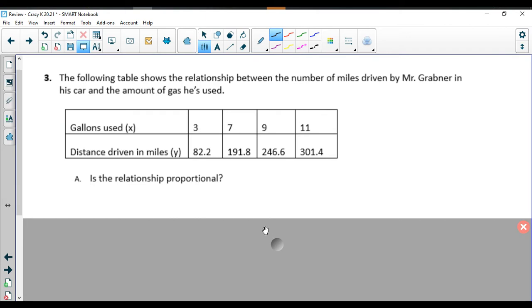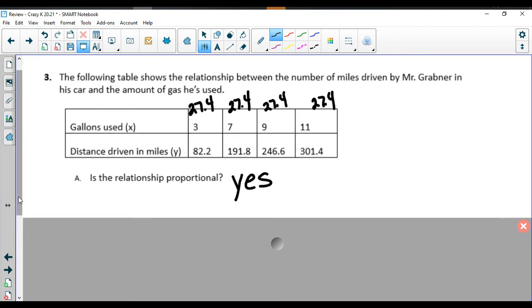If you go through and you do your y divided by your x values, this first one, y divided by x, gives you 27.4. 191 divided by 8 also gives you 27.4. 246.6 divided by 9 is going to give you 27.4. And 301.4 divided by 11 is also going to give you 27.4. Since all the k values are the same, yes, the relationship is proportional.